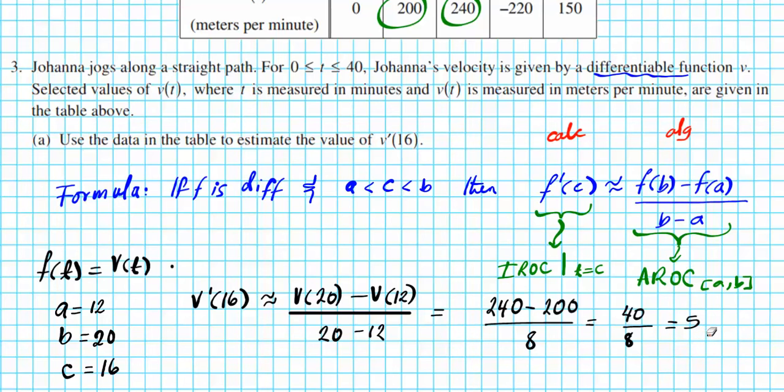Now what's the unit here? Well, if you differentiate velocity, what do you get? You get the acceleration, right? The unit for acceleration is distance per time squared. The unit of distance here is meters, and the unit of time is minutes squared.